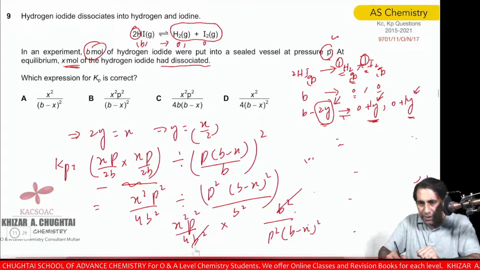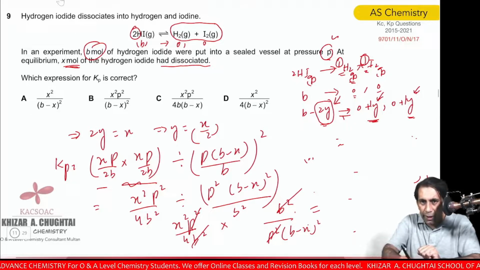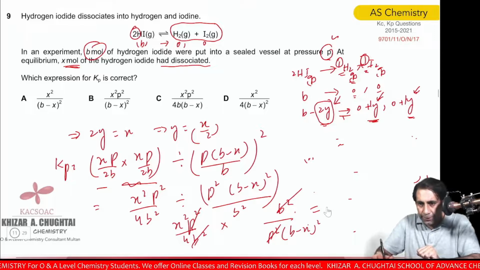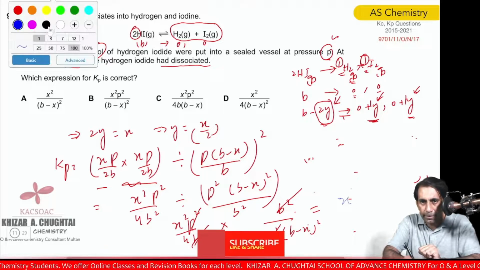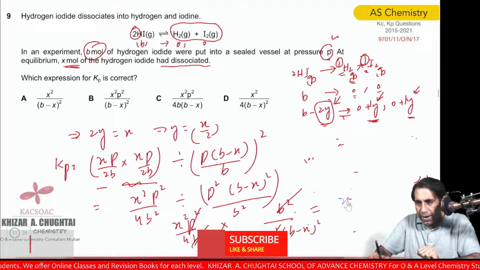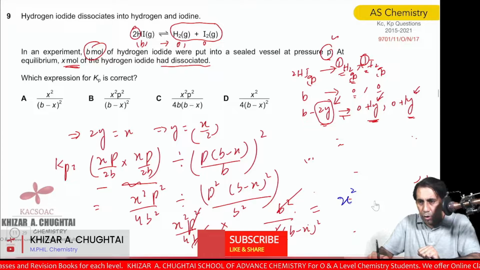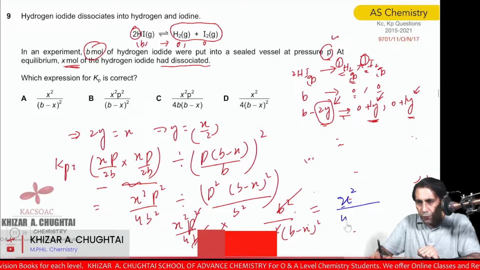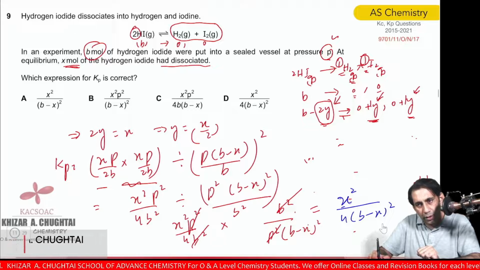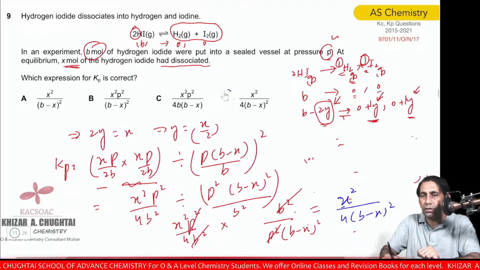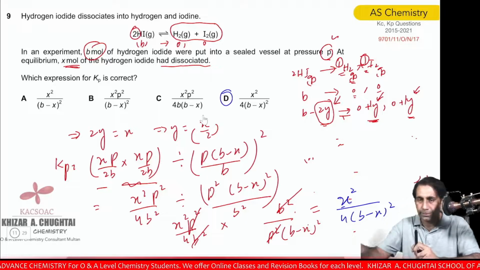So B square will be cancelled out, P square will be cancelled out, and the remaining answer will be equal to X square divided by 4 into (B minus X) square. And D is the correct option.